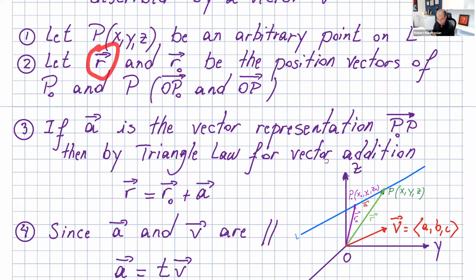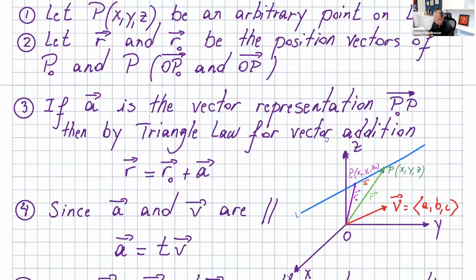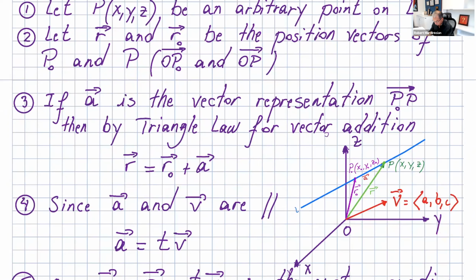This is vector notation: the position vectors of P0 and P. We can also write them as the vector OP0 and the vector OP. A position vector goes from the origin to that point. So this is our r, as you can see, and this is our r naught. These are the position vectors.